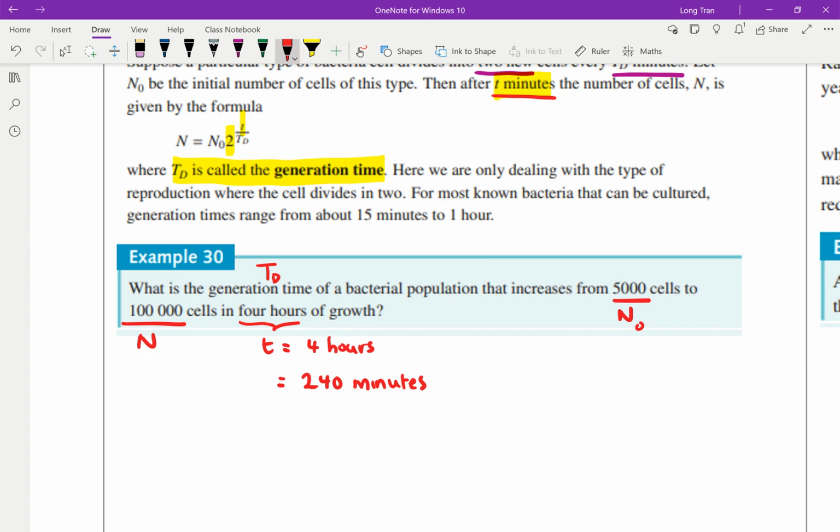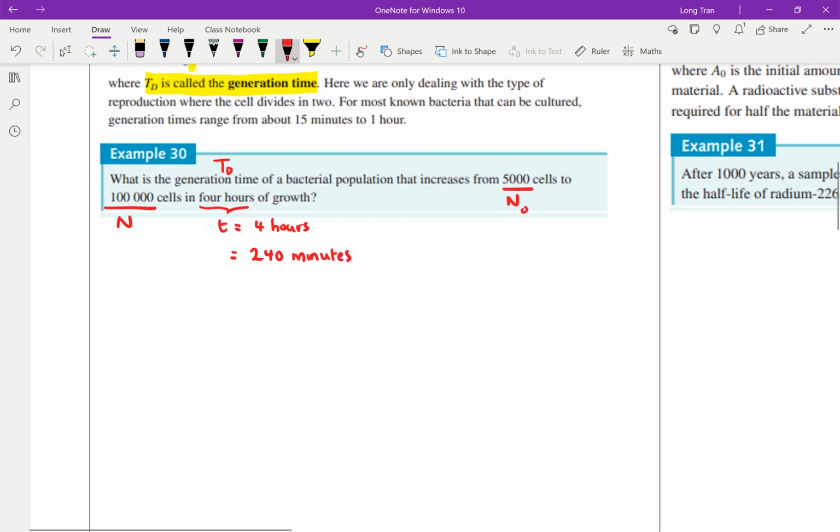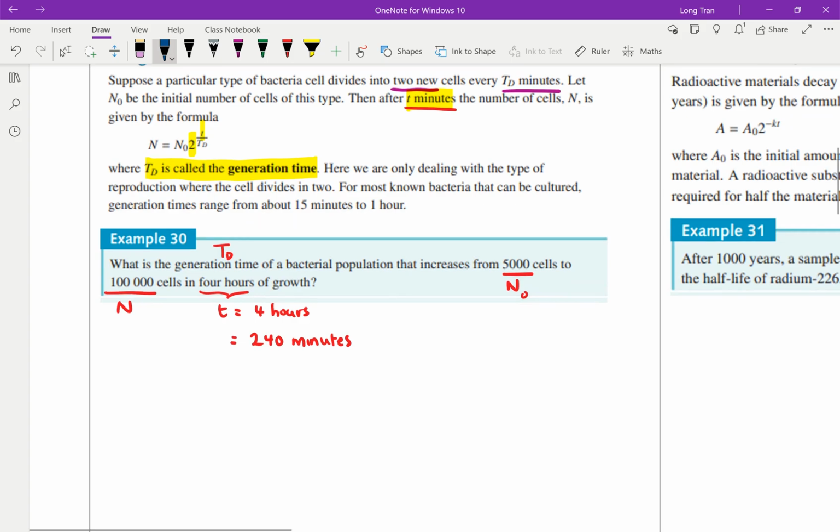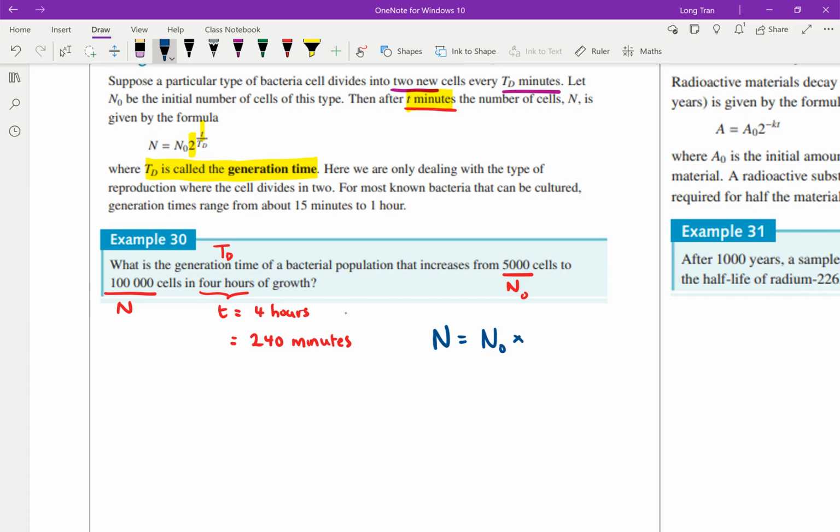They want you to find TD using the model that we understand for exponential equations. This is cell growth. The model says N, the number of bacteria, is equal to what you start off with, multiplied by base 2, because it's splitting into 2s each time so it's doubling, to the power of time divided by TD.